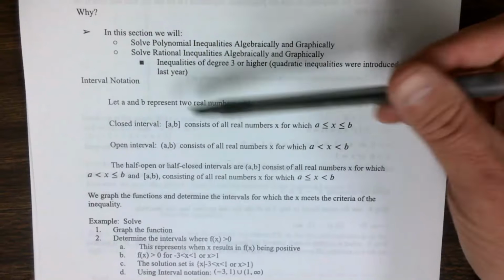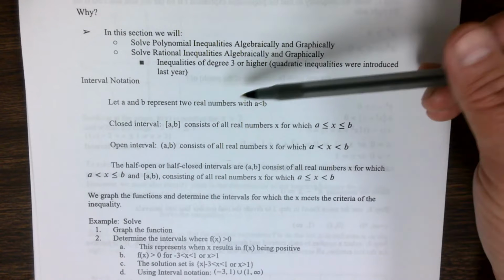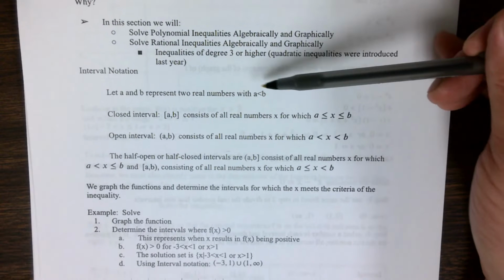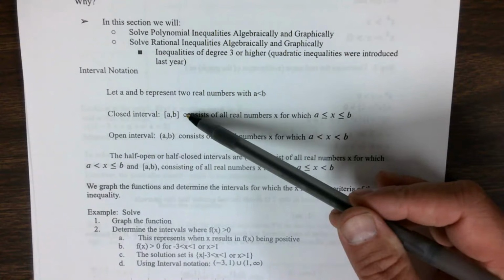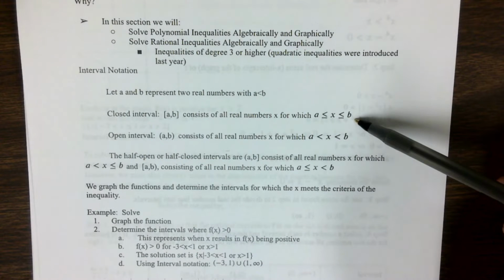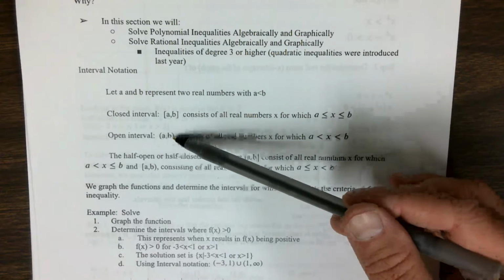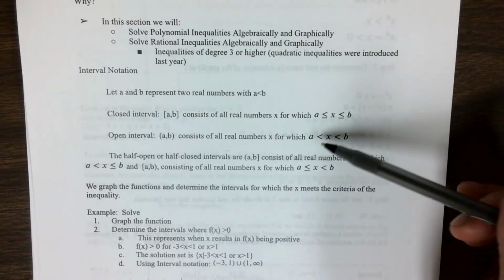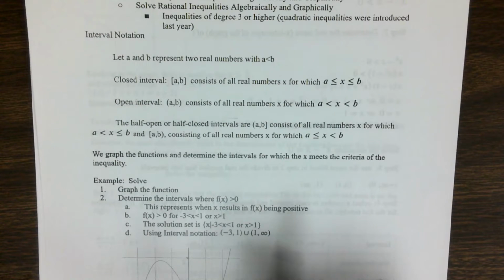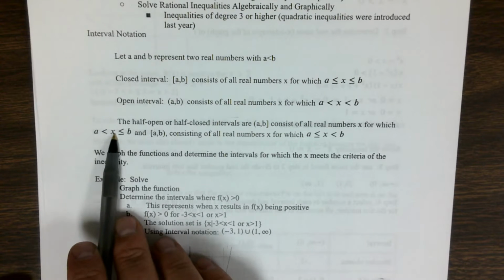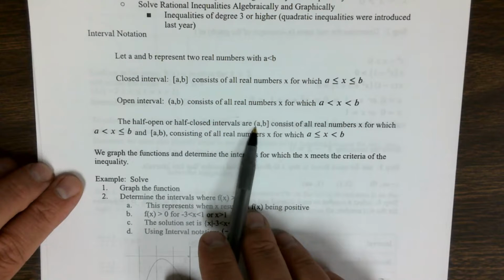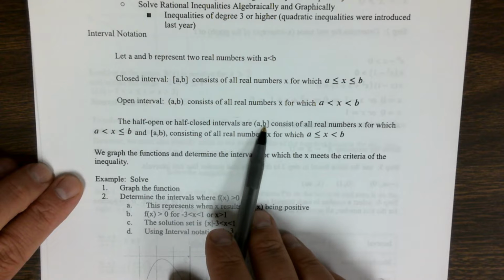As far as your interval notation, they want a smaller than b. If it's a closed interval, it has brackets, and so that means a less than or equal to x less than or equal to b. And the open interval has parentheses, and so that's a less than x less than b. If it's a half, you could say a less than x less than or equal to b, which looks like parentheses a comma b bracket, so those go together.